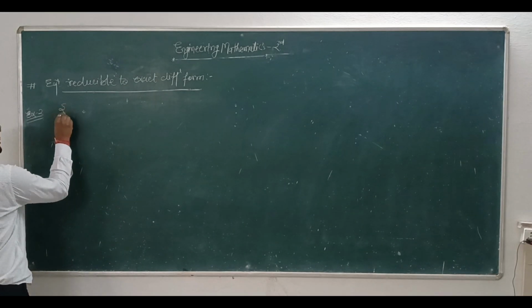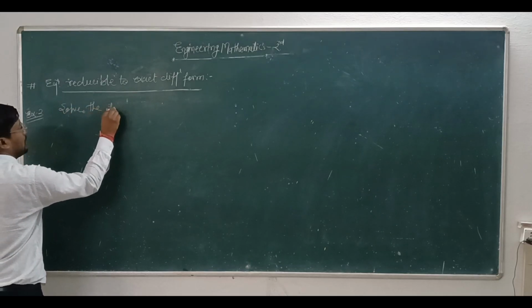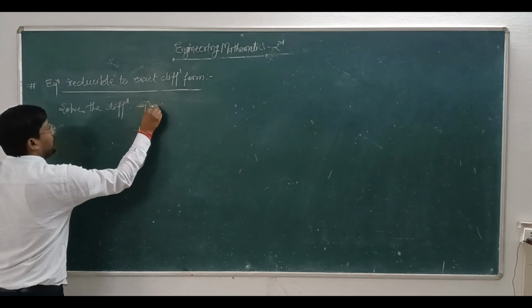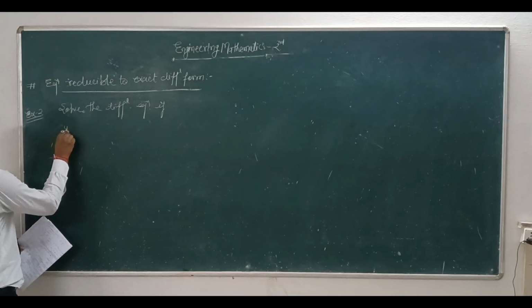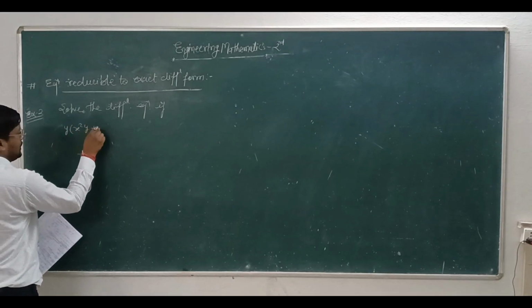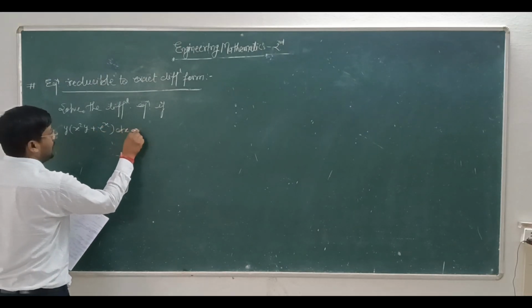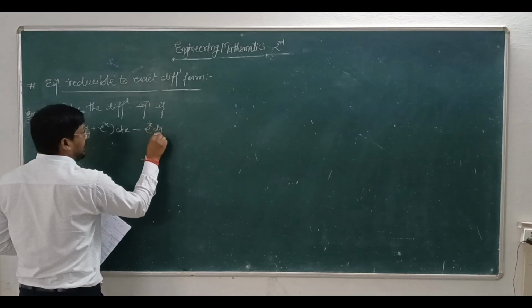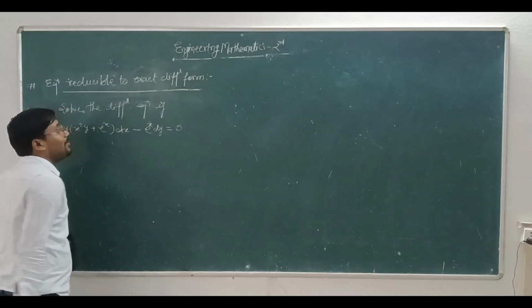First, solve the differential equation: y(x square y plus e to the power x) dx minus e to the power x dy is equal to 0.